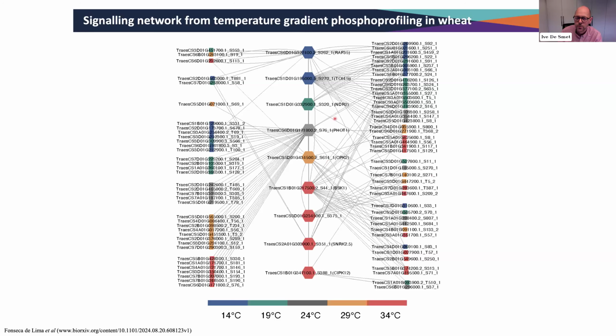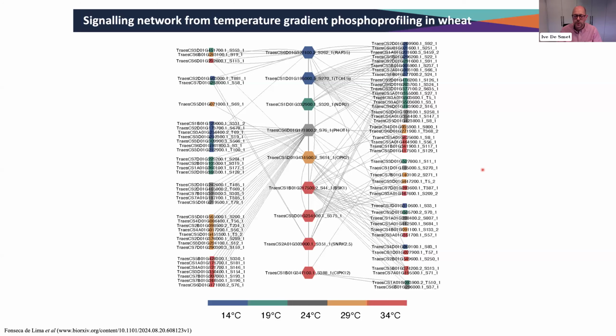This allows us to position a set of kinases that are maximally active at either the lower temperatures or the higher temperatures. We have a number of predicted substrates for each of these that we are currently looking into.